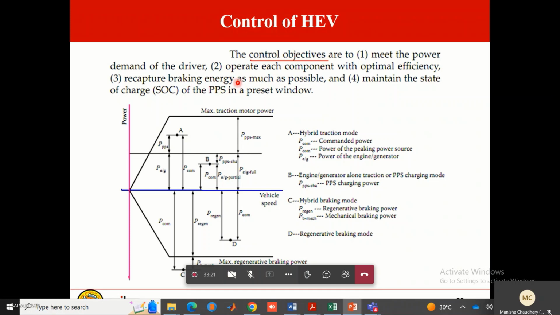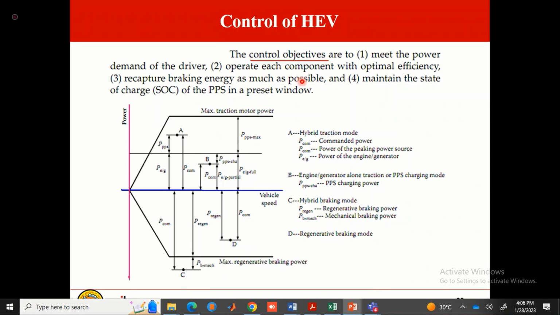I want to recapture braking energy as much as possible. And then at every point during my journey, I want to ensure that the SOC of the battery remains at its acceptable level, right? Why? Because if the SOC is on the lower side, say for example 34%, 40%, then I may not obtain the peak performance from my electric powertrain.